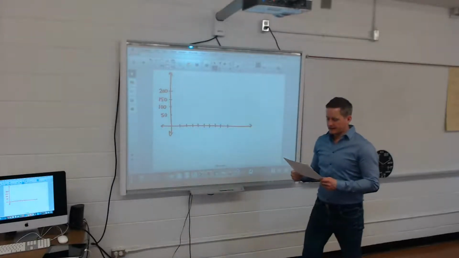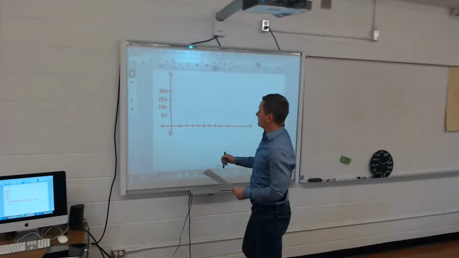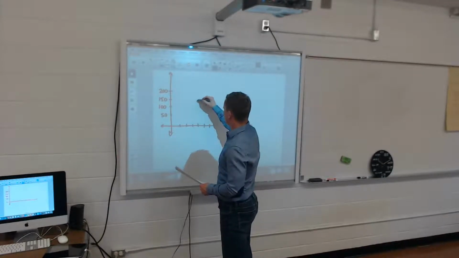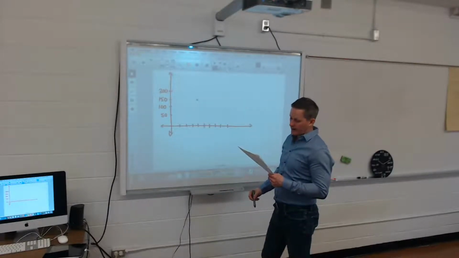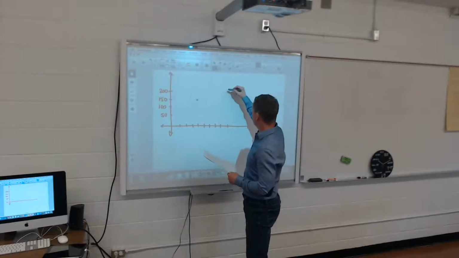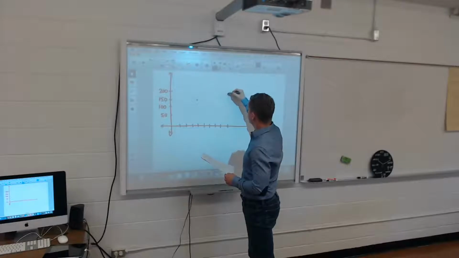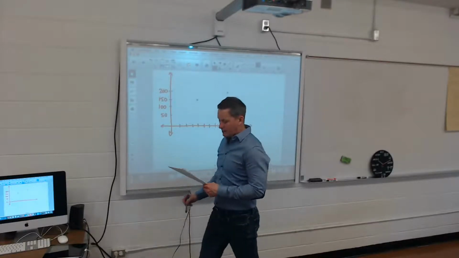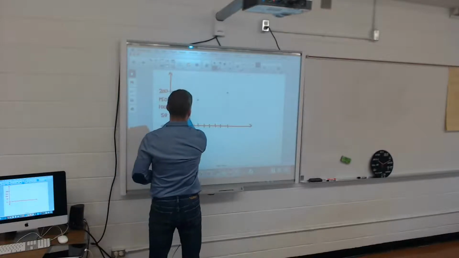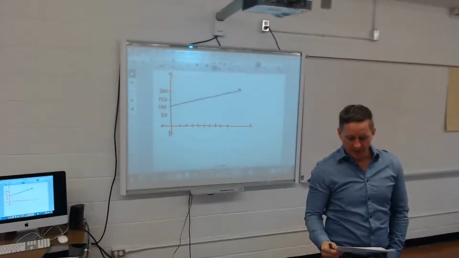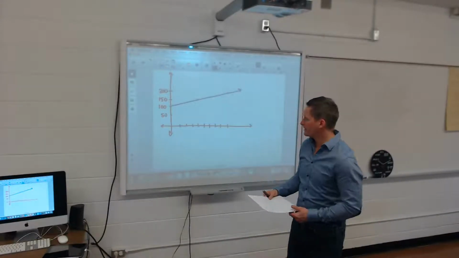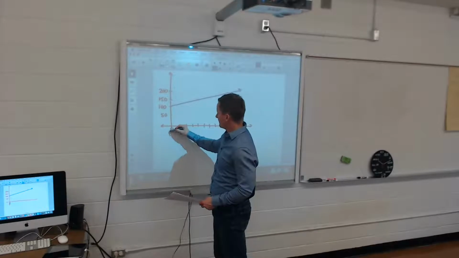At 4 meters, the water pressure is 140 kilopascals, and the pressure at 9 meters is 190. You plot the two coordinates on the graph, and then draw a line through the points.